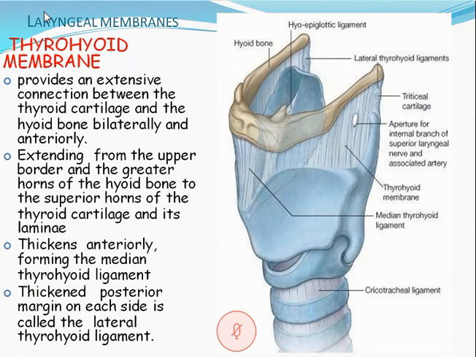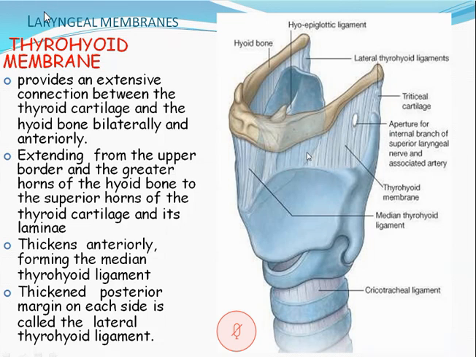Coming to the laryngeal membranes, the first membrane is the thyroid membrane. It provides an extensive connection between the thyroid cartilage and the hyoid bone bilaterally. See, this is the thyroid membrane. Extending from the upper border and the greater horns of the hyoid bone, it comes up to the upper border of the thyroid cartilage and also the superior cornu.